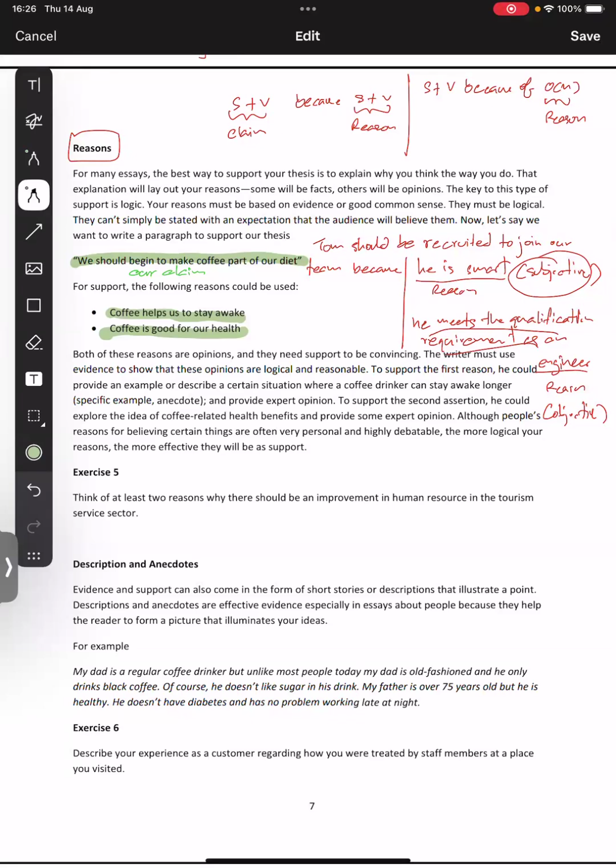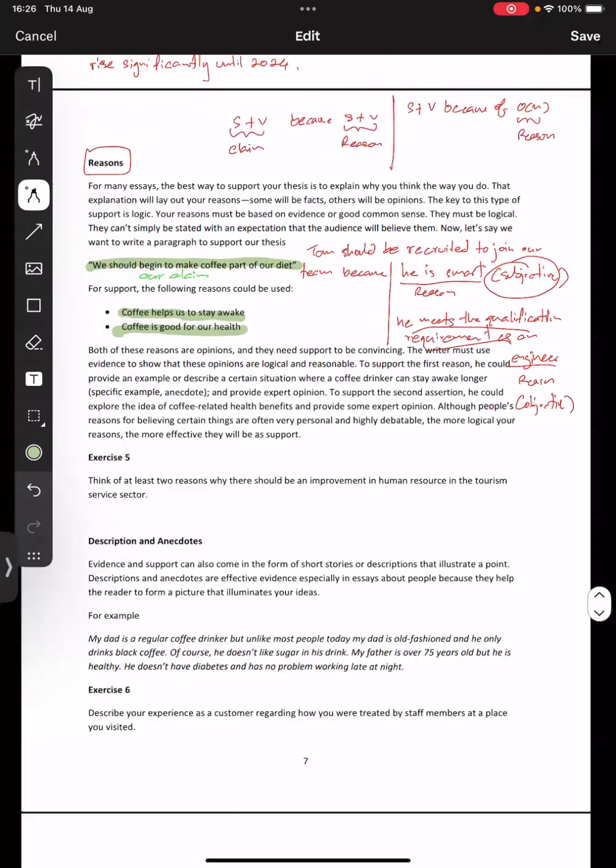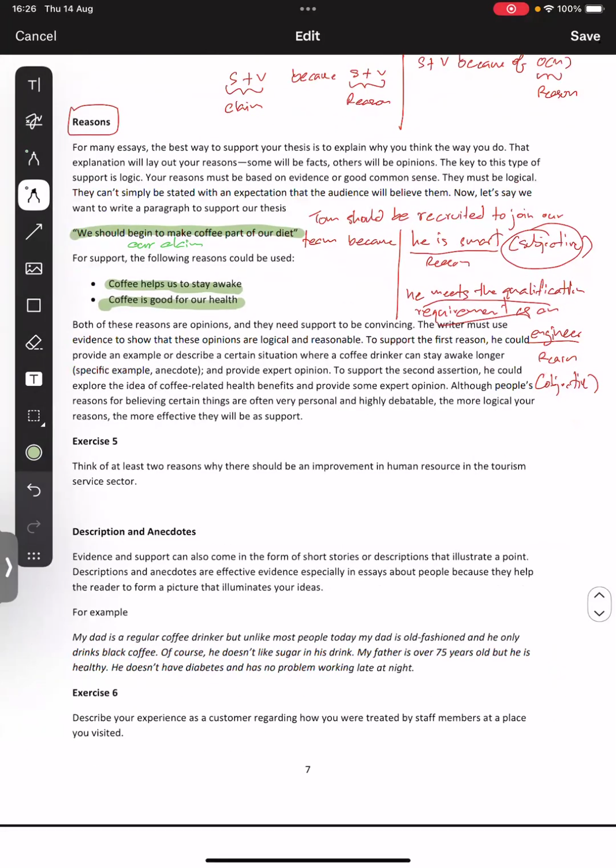We can attach some facts from the other page, just to make this more convincing. Right now I only have two reasons. They're good, but they don't have the weight to them. They need to be elaborated upon a little more.